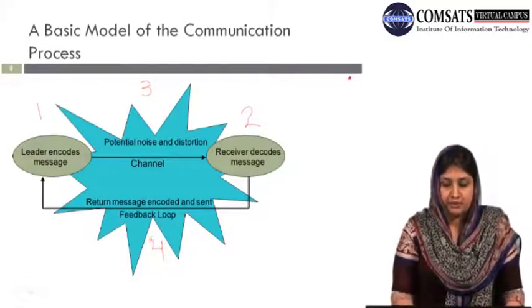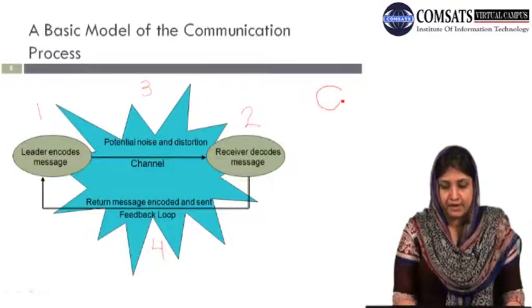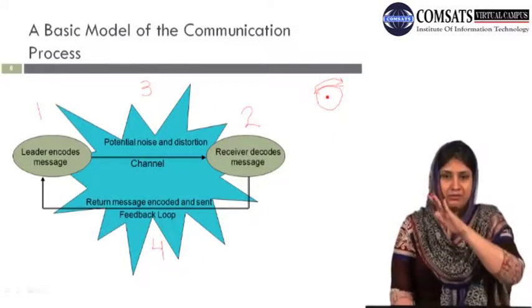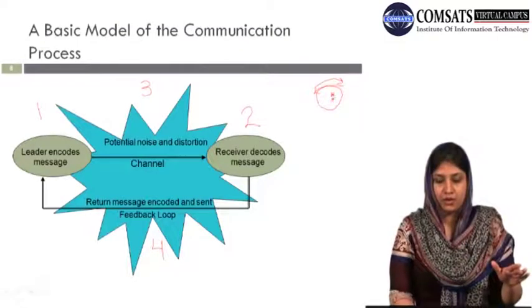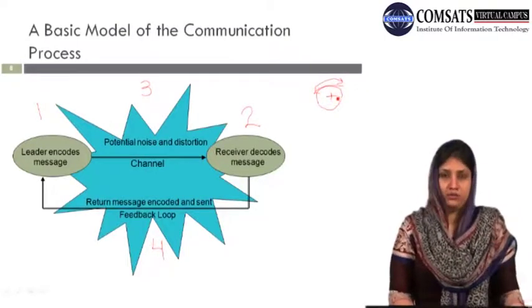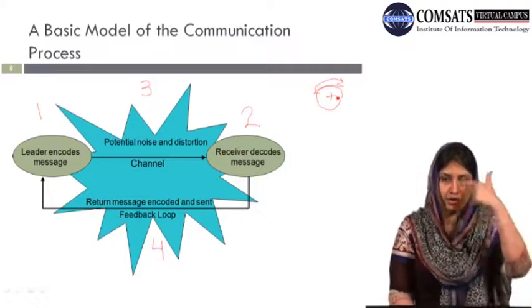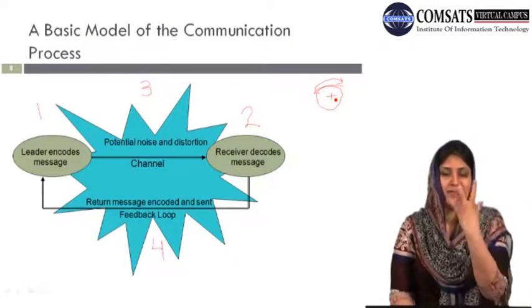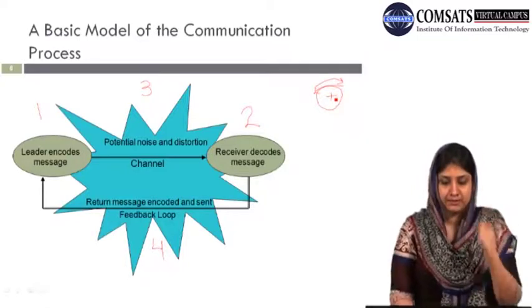So the complete process is a circular process where the information travels from one end to another. It doesn't always happen that I send a message and it's received and communication ends there. No. An ongoing communication is always circular in motion. I send a message, you receive, you send a message. So it's a very quick process that takes place.